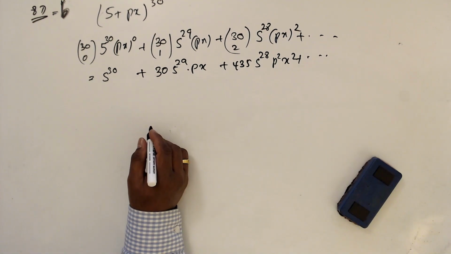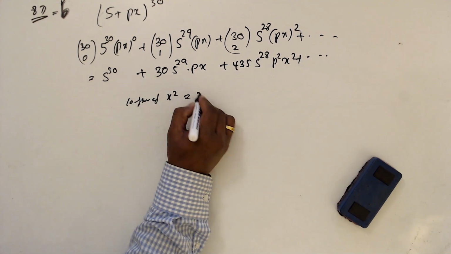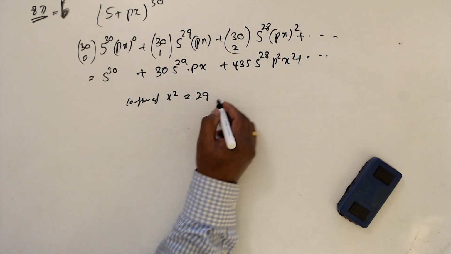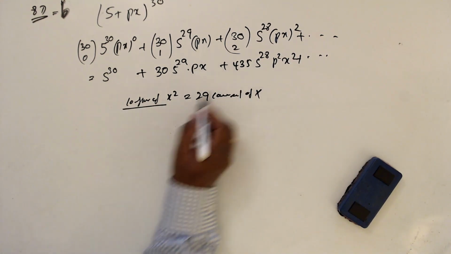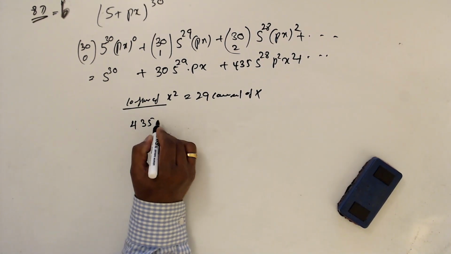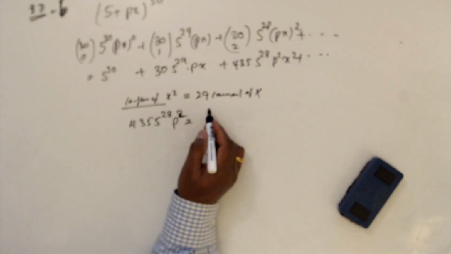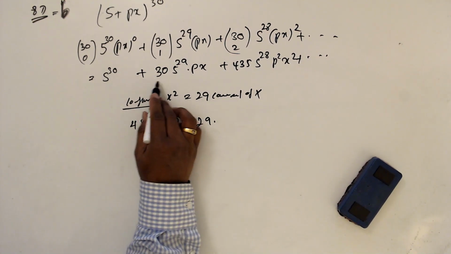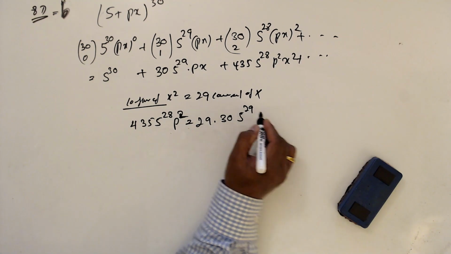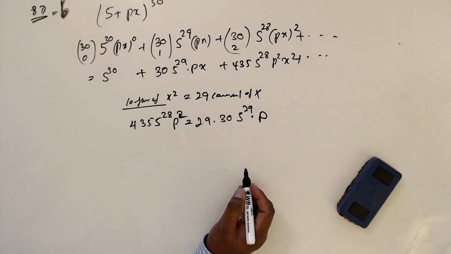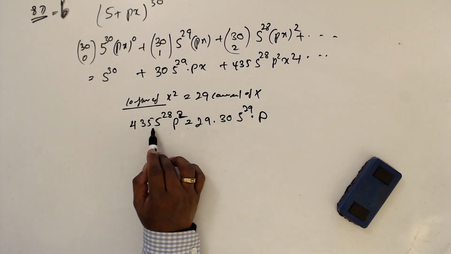Now there's the equation. The coefficient of x square is 29 times the coefficient of x. So the coefficient of x square equals 435 times 1 to the power 28 p square, and this is 29 times the coefficient of x, which is 30 times 1 to the power 29 p. Now I can divide both sides by 1 to the power 28.